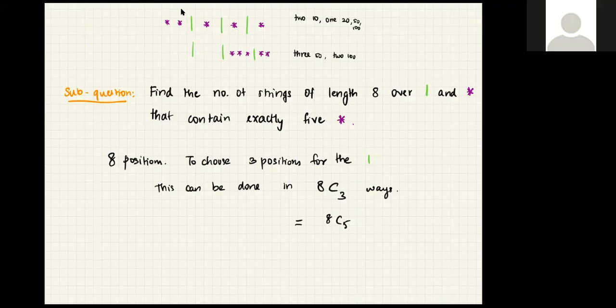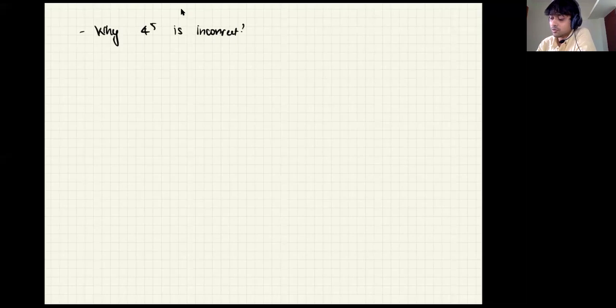Why is 4 to the power 5 not correct? How do you get 4 to the power 5? Because we have to choose 5 notes, right? For the first place we have 4 choices. So what is the argument? You are taking notes in order.